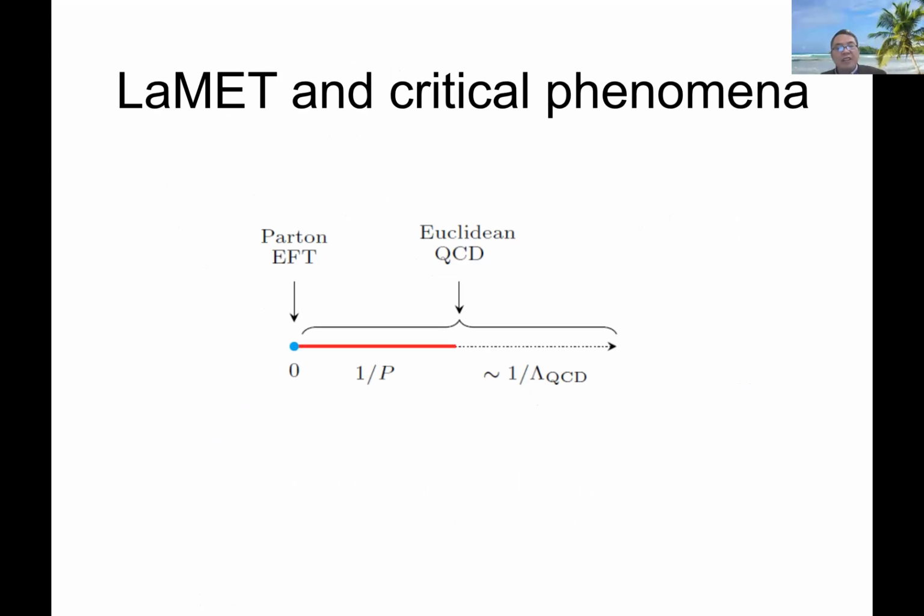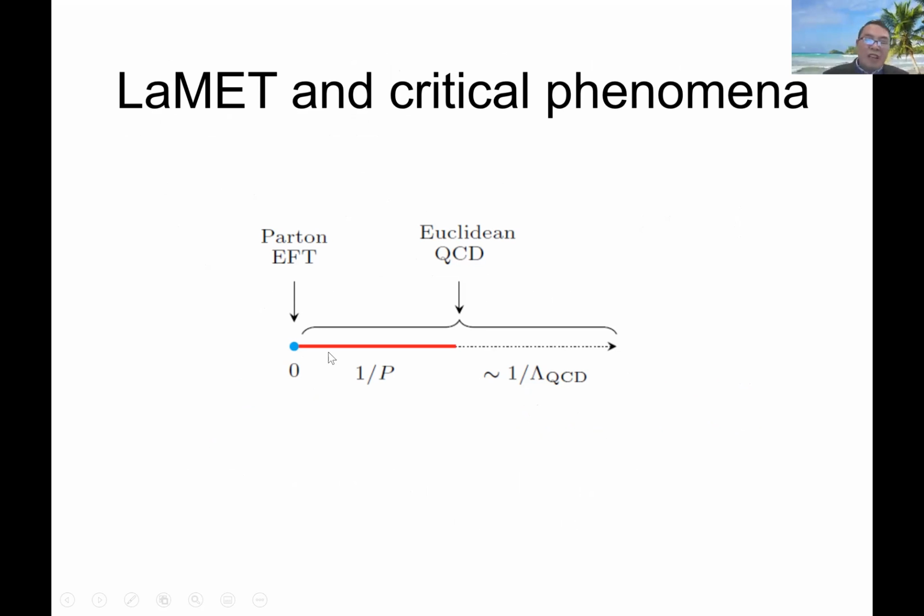Okay, so the strategy of calculating parton distributions in this way is very much like in condensed matter physics. Here I show 1 over the momentum, very much like the temperature of a condensed matter system. And P going to infinity is actually a critical point. That is where you want to know the parton distributions, and you don't want to calculate at that critical point.